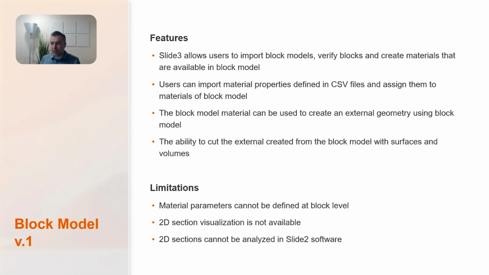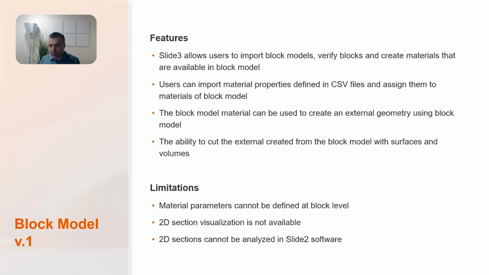Users could import the material properties using a CSV file and assign them to materials of the block model. And the material block model also, if you didn't have any pit shell or anything, could be used to create your external geometry. And at the end, if you had your pit shell or any faults or surfaces, you could cut your block model externally using any volumes or surfaces.